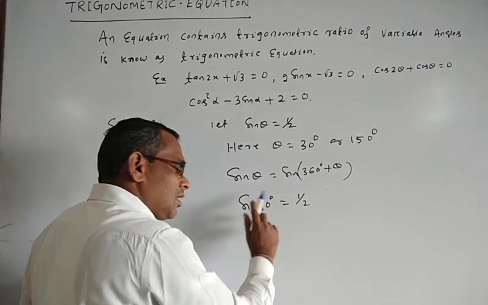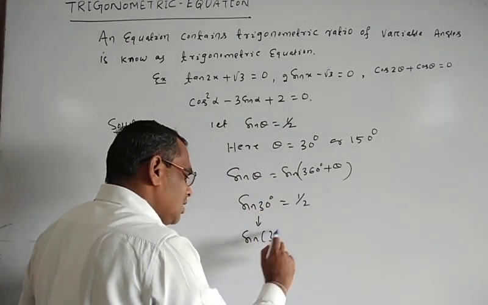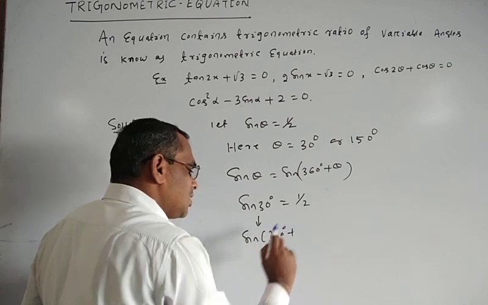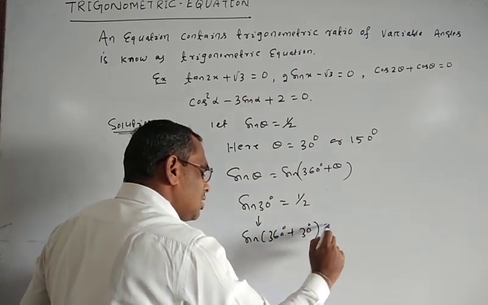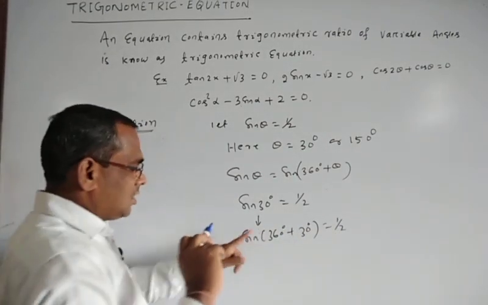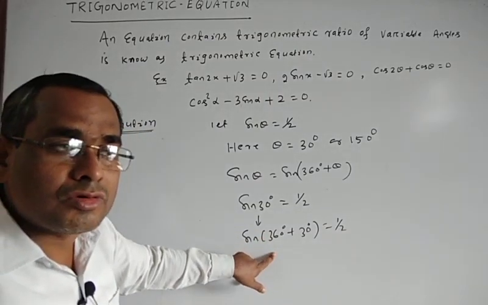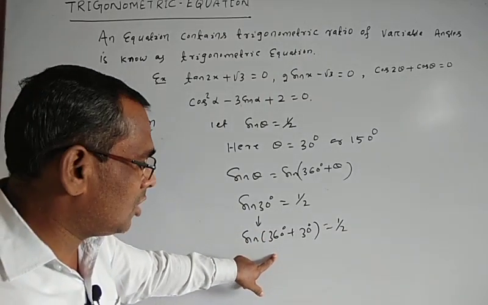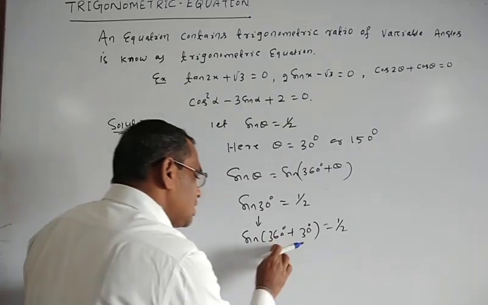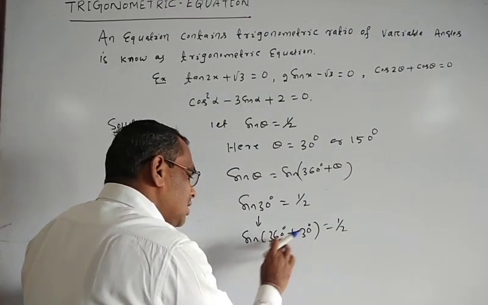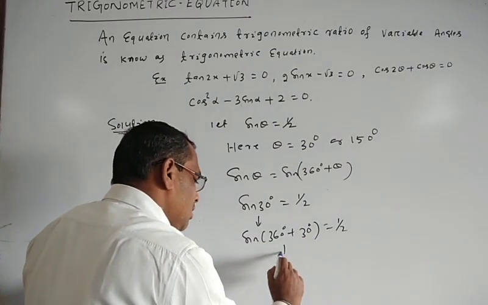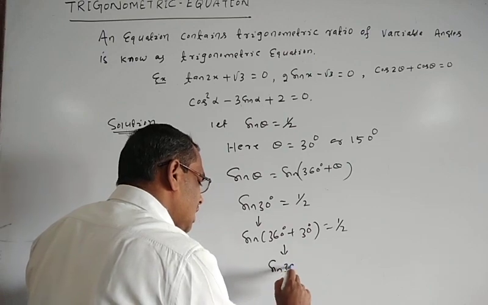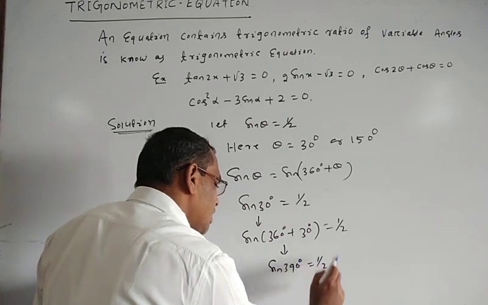But sin 30 degree is equal to sin of 360 degree plus 30 degree, it is also 1 by 2, because 360 degree is nearly equal to 0. So 360 plus 30, this will be sin 390 degree. So this is also 1 by 2.